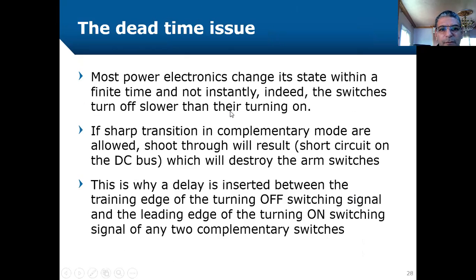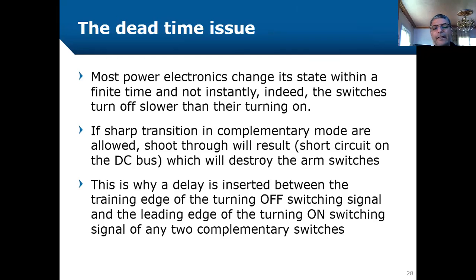Most power electronic switches, as we say, change state within a finite time and not instantly. Indeed, the switches turn off slower than they turn on. If sharp transitions in complementary mode are allowed, shoot-through will result in a short circuit on the DC bus, which will destroy the arm switches and maybe also damage the DC source.